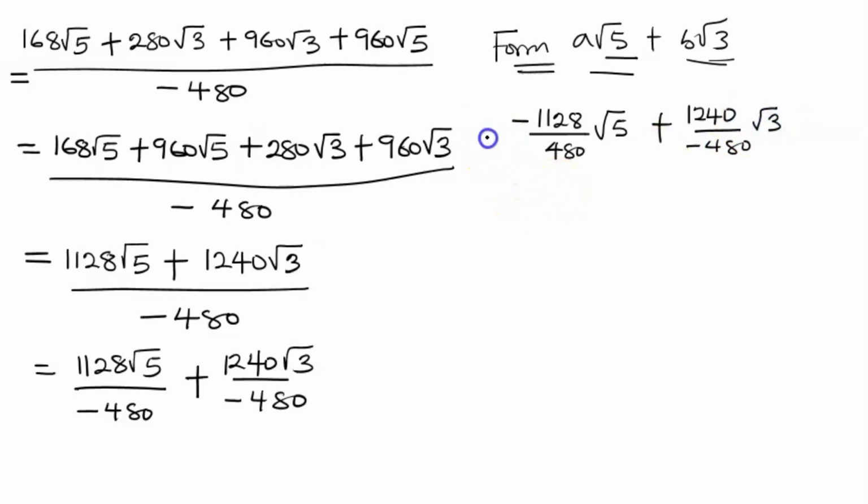Okay, so what am I going to write? I'm going to get minus 1128 root 5 divided by 480, minus this divided by 480 root 3.